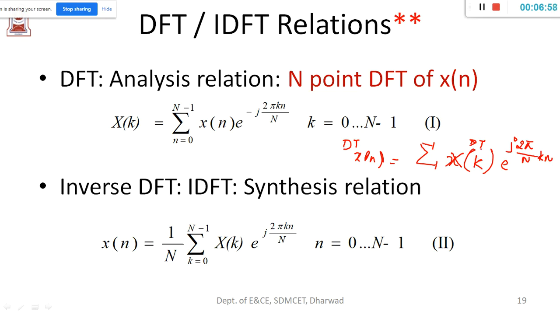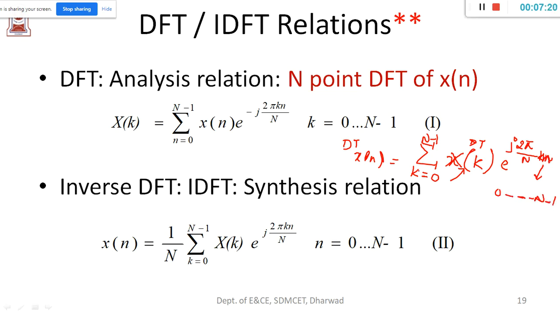This equation is in terms of X of k, so the limits of the summation will be k runs from 0 to N minus 1, and the individual signal I need to obtain is small n, which again runs from 0 to N minus 1.